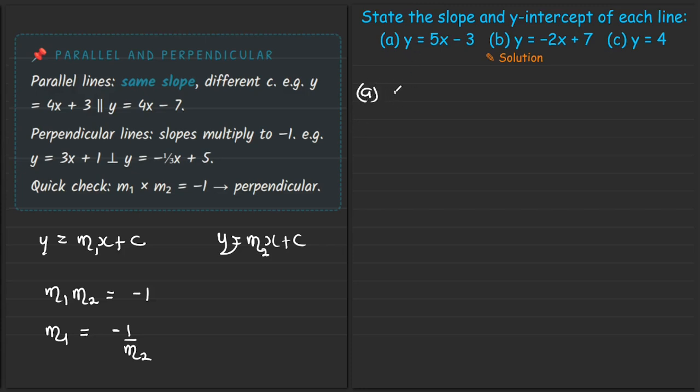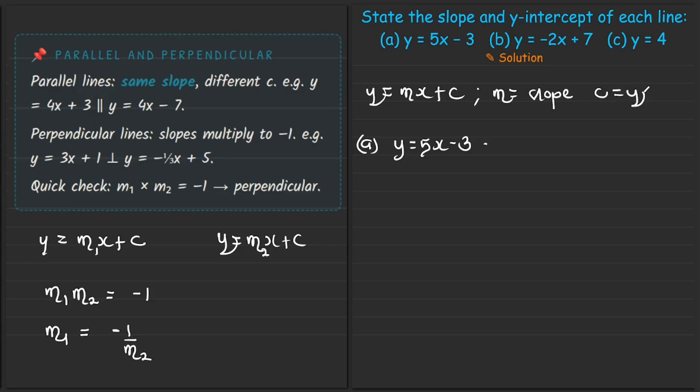For the first one, we have y equals 5x minus 3. Even before we start with this, we know what the slope-intercept form of the equation of a line looks like. So let me write that down first. We know it's y equals mx plus c, where m is the slope, and c is the y-intercept. For this first one, it is already written in that form.